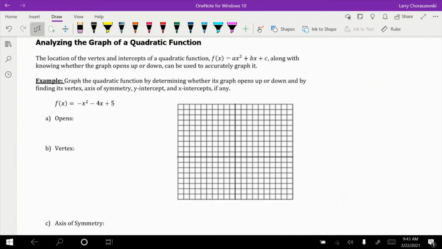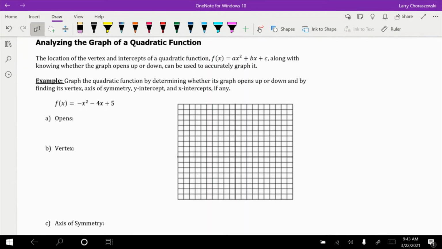And plus, when you sketch things using transformations, it's really just a rough sketch, so it's not extremely accurate. When we throw some of our skills from chapter 3 into graphing a function, that's what we refer to as analyzing the graph of a quadratic function.